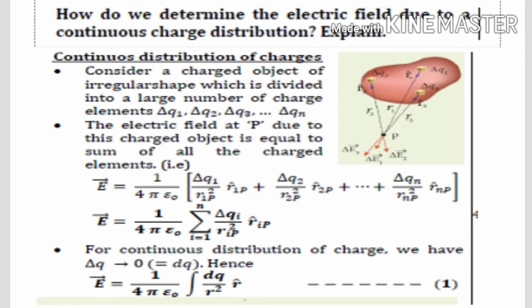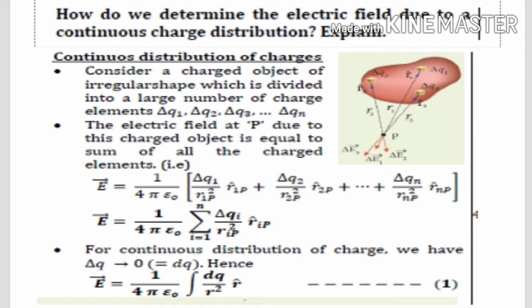So let us imagine all the charged elements del Q1, del Q2, del Q3 and so on up to del Qn are present at a distance R1, R2, R3 and Rn from the point P. So the net electric field at the point P will be equal to E vector is equal to 1 by 4 pi epsilon naught into del Q1 divided by R1P squared into R1P cap plus del Q2 divided by R2P squared into R2P cap plus and so on up to del Qn divided by RnP squared into RnP cap.